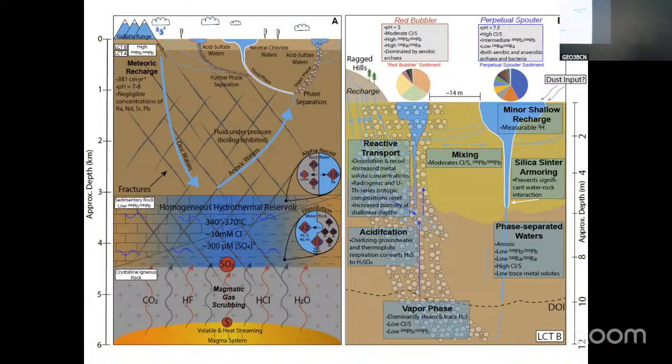The pictures that you see of a nice clear blue pool is not an acid system. A nice blue clear pool at Yellowstone is basically one of these neutral chloride systems, right? And basically it's a pH of 7. The silica comes out of solution as the temperature decreases in the fluid, so that these things actually armor themselves.